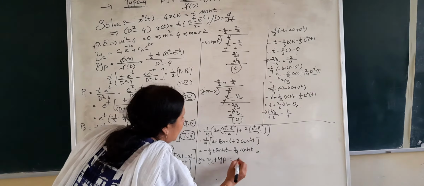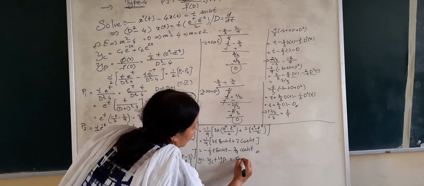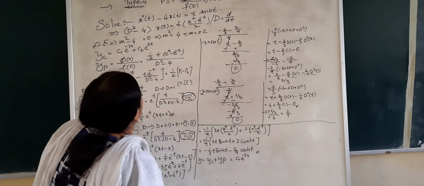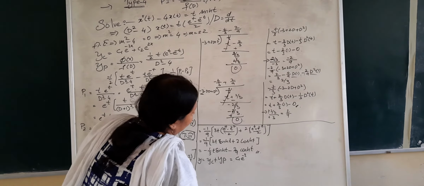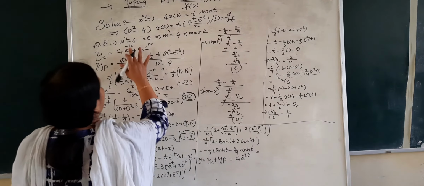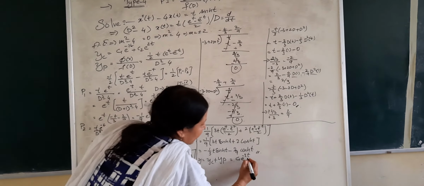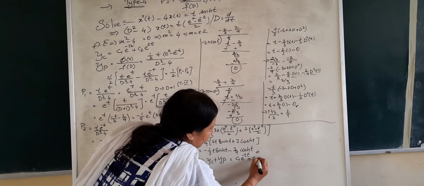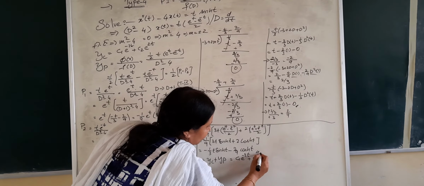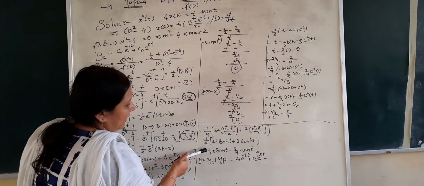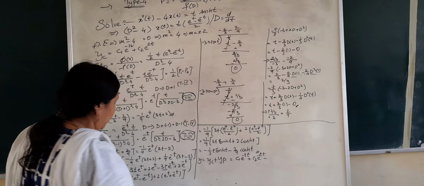Therefore, coming to the final general solution given by y is equal to yc plus yp, which is equals to our yc is c1 e to the power minus 2t. Revert back t instead of x because our independent variable here is t, not x. Okay, so plus c2 e to the power plus 2t, and then write this simplified version of your yp.